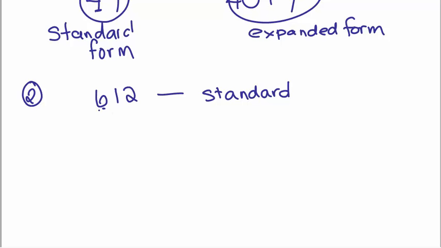So we'll start with the 6, which is in the hundreds column, which means we have 600, plus we have 1 ten, so we'll write plus 10, plus 2 in the ones column, which is 2. And that is 612 in expanded form.